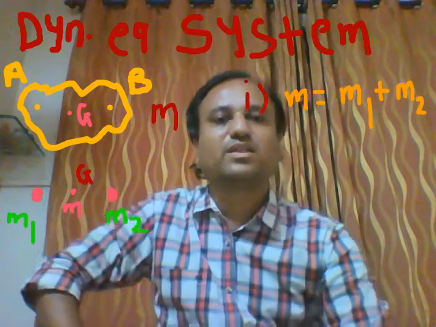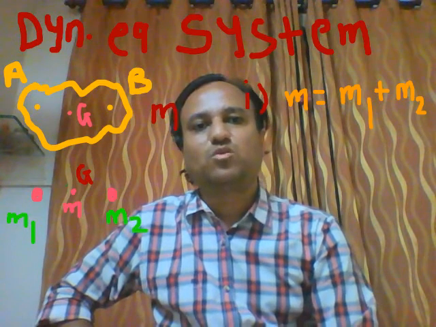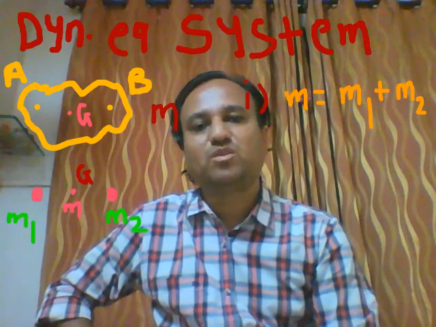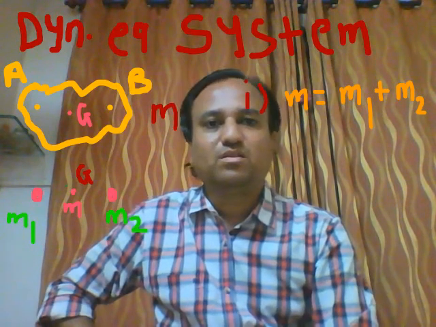Suppose we have converted a single point mass into a 2 point mass system, then the total mass of the rigid body is equal to the summation of the masses of the 2 point system.